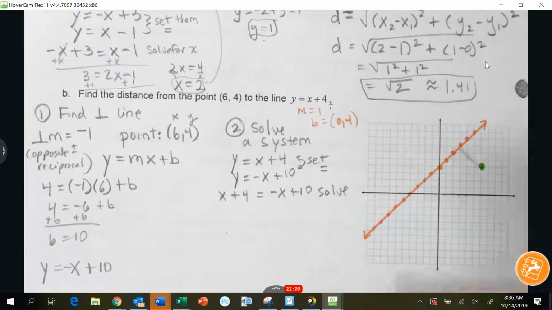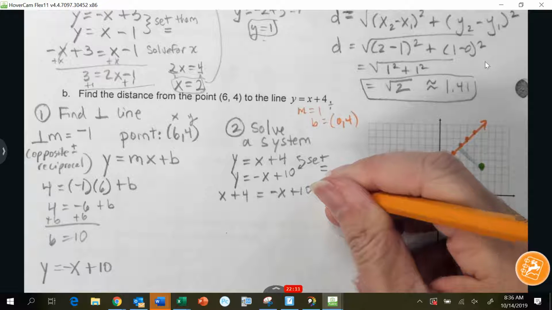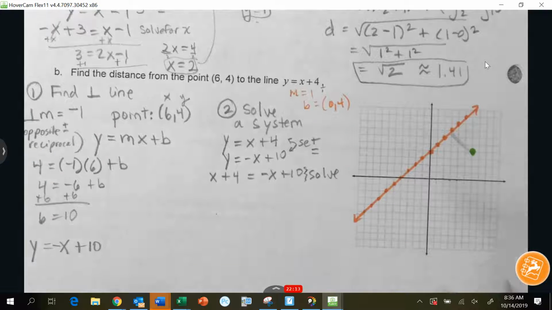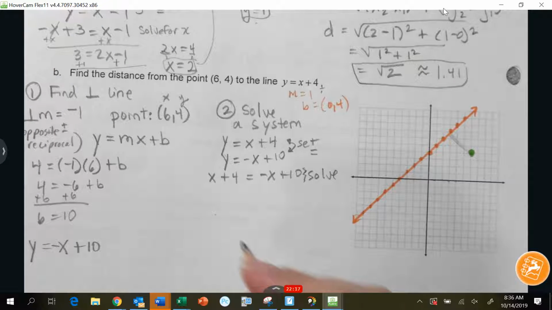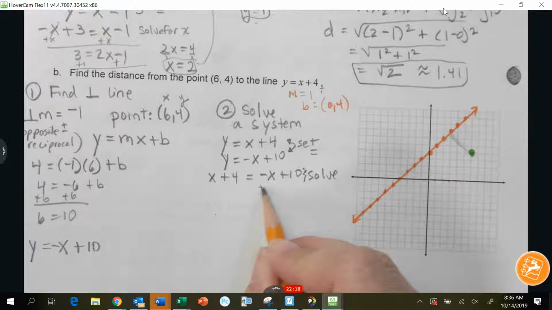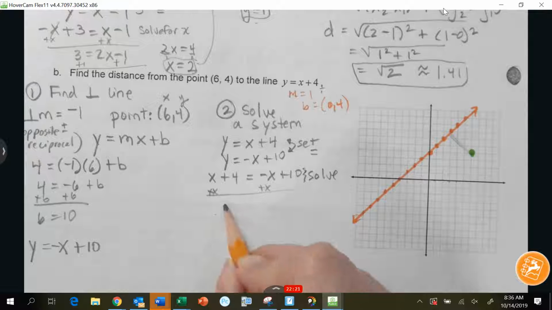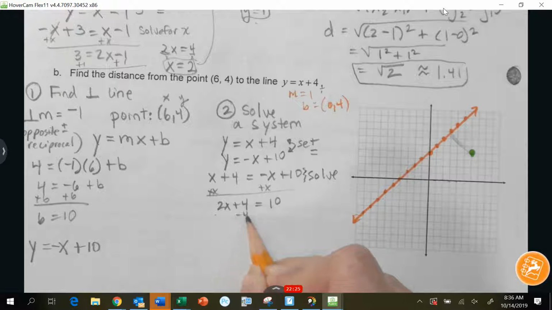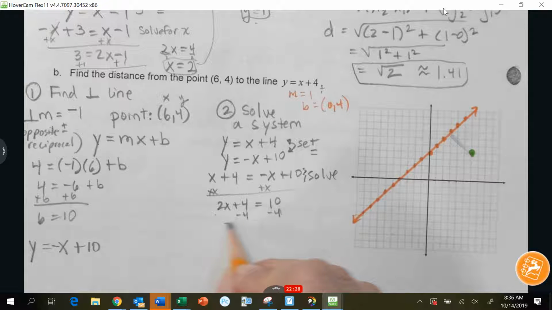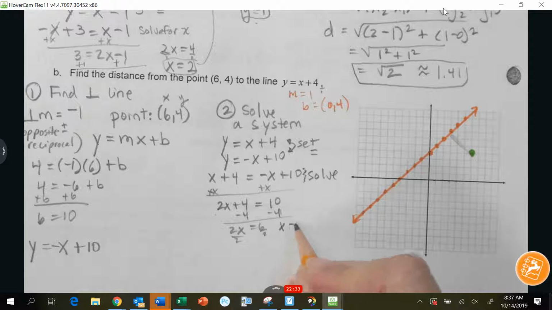Solve. So I'm going to add x to both sides. 2x plus 4 equals 10. Subtract 4. 2x equals 6. Divide by 2. Get x equals 3.